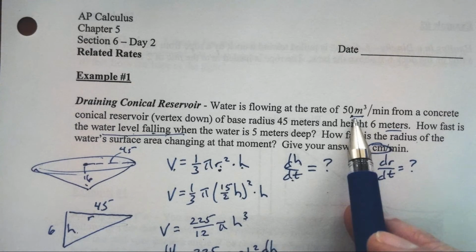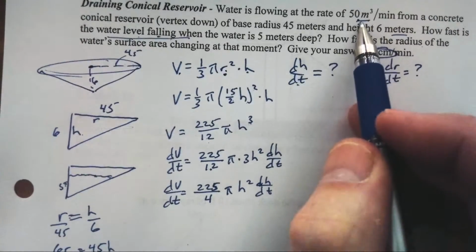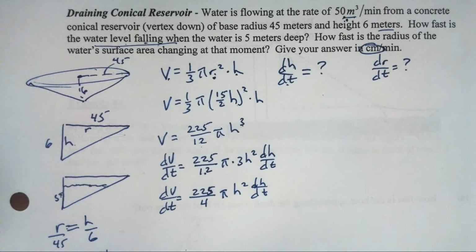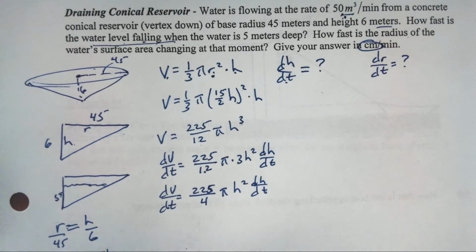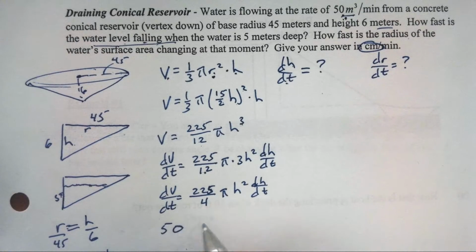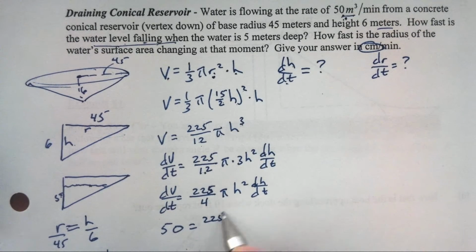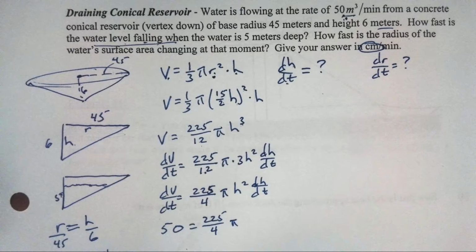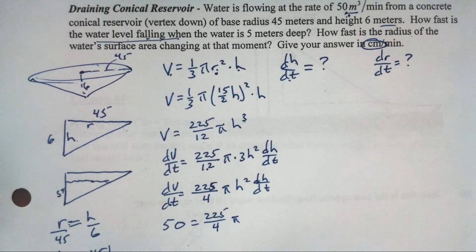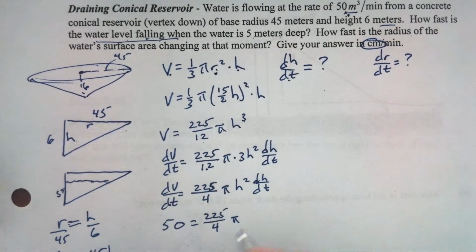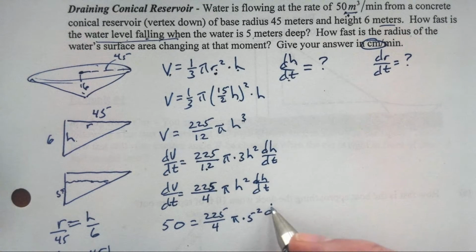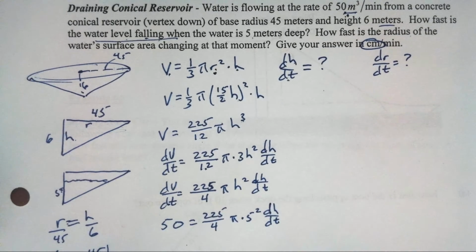The volume is changing at a rate of 50, and you could put in negative 50 here, but we always have to interpret whether we should have positive or negative answers based on the question. So I'm going to go 50 equals 225 on 4 times pi. We're interested in what's happening when the water is 5 meters deep, so times 5 squared times dh/dt, and we're at this point.